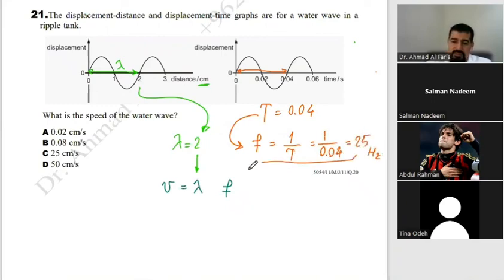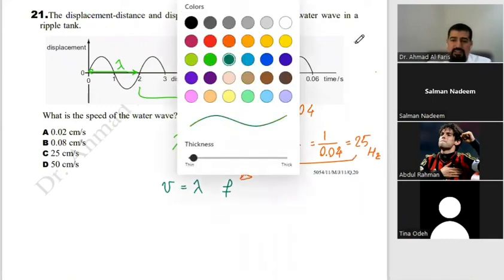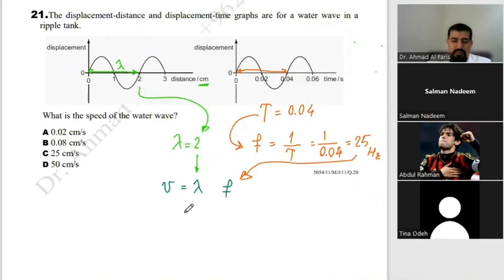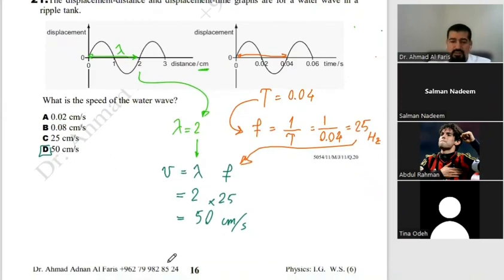This is the frequency. So the velocity of these water waves is 2 centimeters multiplied by 25 hertz. So the answer will be 50 centimeters per second, which is D. Yes, good. Thank you.